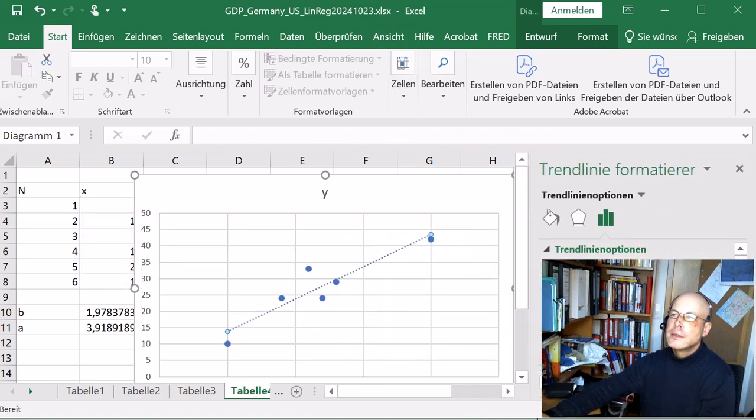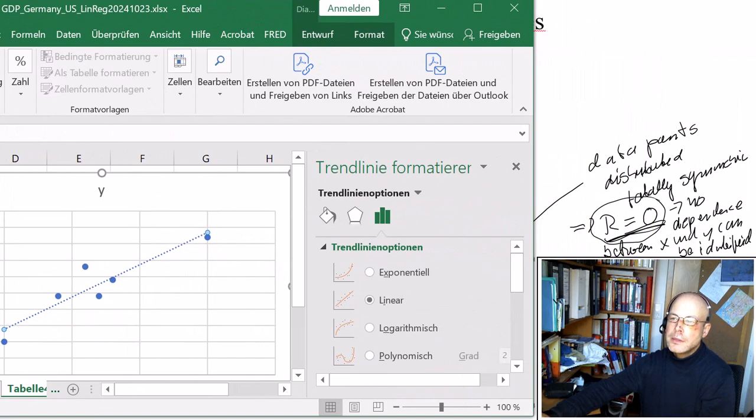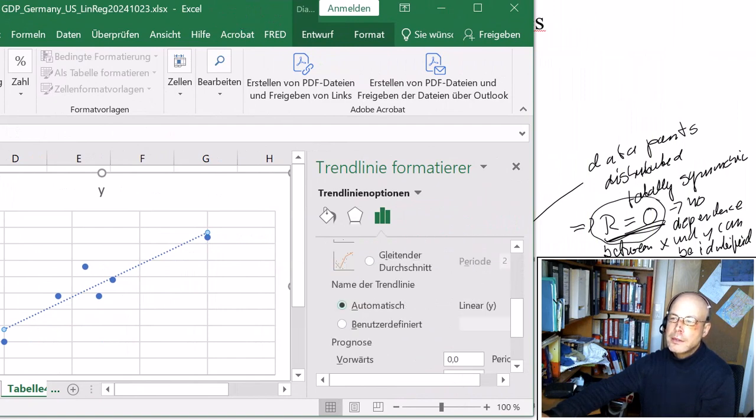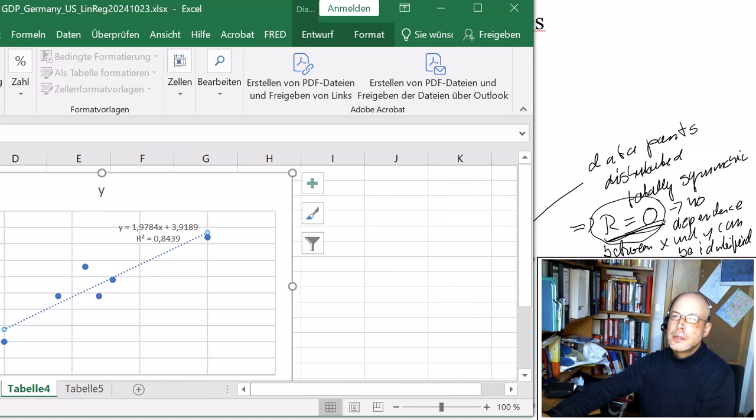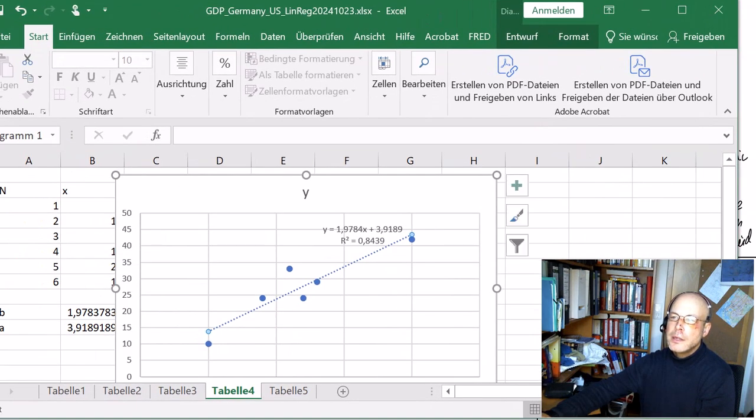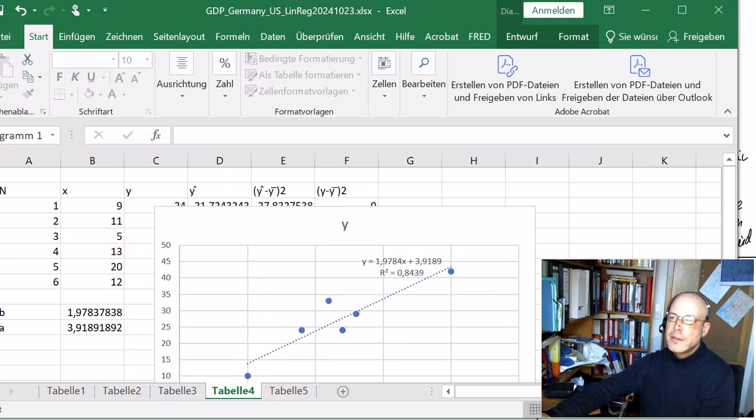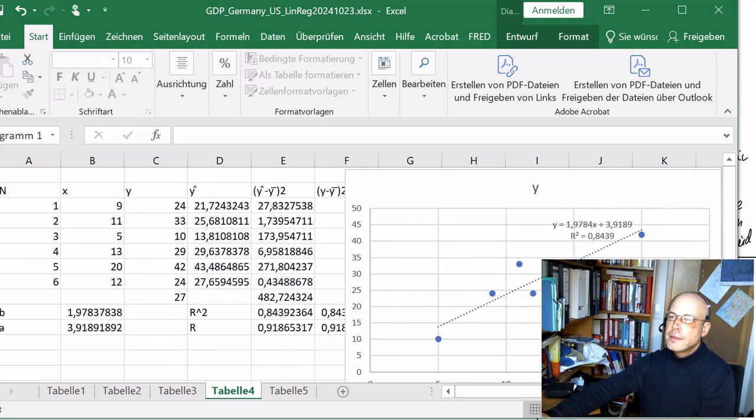Linear you choose, and we want to have our formulas. So show the formula and show the coefficient of determination. And here we are, 0.84, you have them directly.